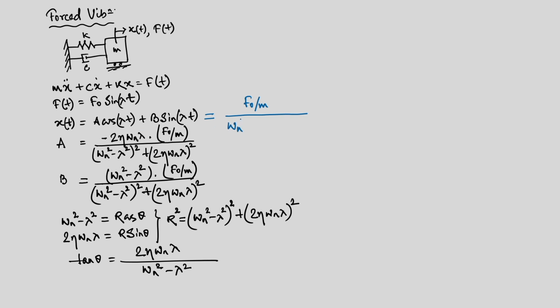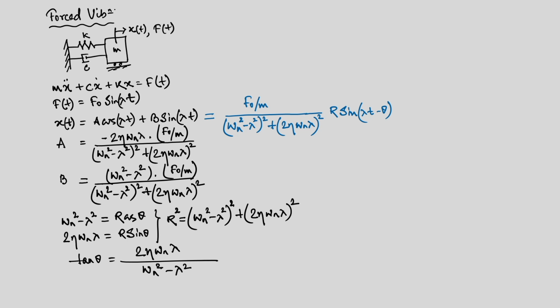So, this will be omega n square minus lambda square whole square plus twice eta omega n lambda whole square, and then we can show that after simplification we will have r then sine lambda t minus theta. So, that is the response.